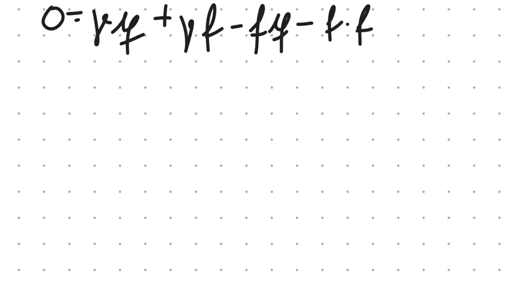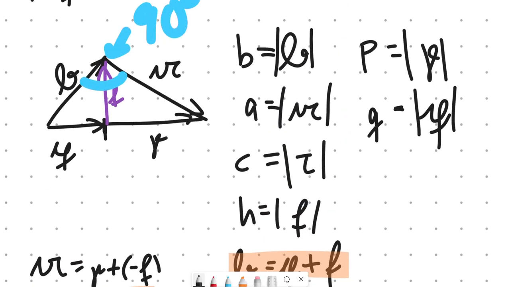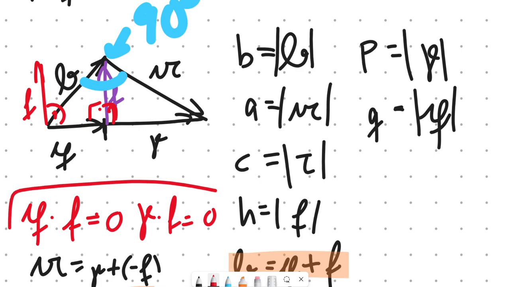Since you see over here the gamma times F and the gamma 2 times F, if we look at the vectors gamma and gamma 2, they are perpendicular to F, so gamma 2 times F is 0, and also gamma times F is 0 because gamma and F are also perpendicular to one another.